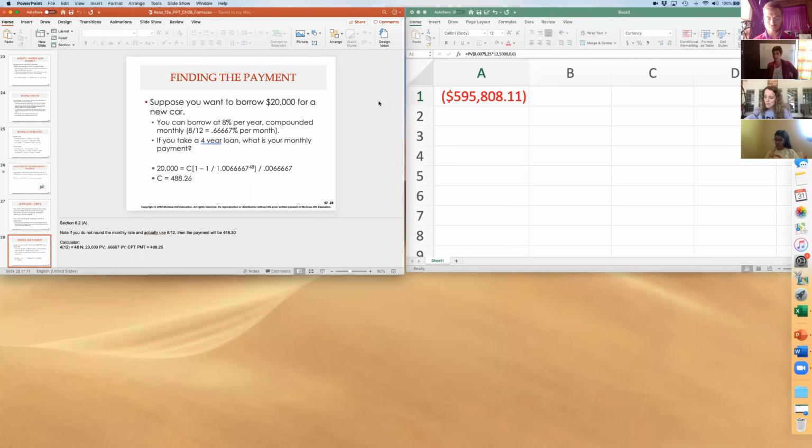And the question is, what is the monthly payment? So 4 years is 4 times 12, which is 48 months. And the question is, what is this payment? What's your car payment going to be in monthly terms?